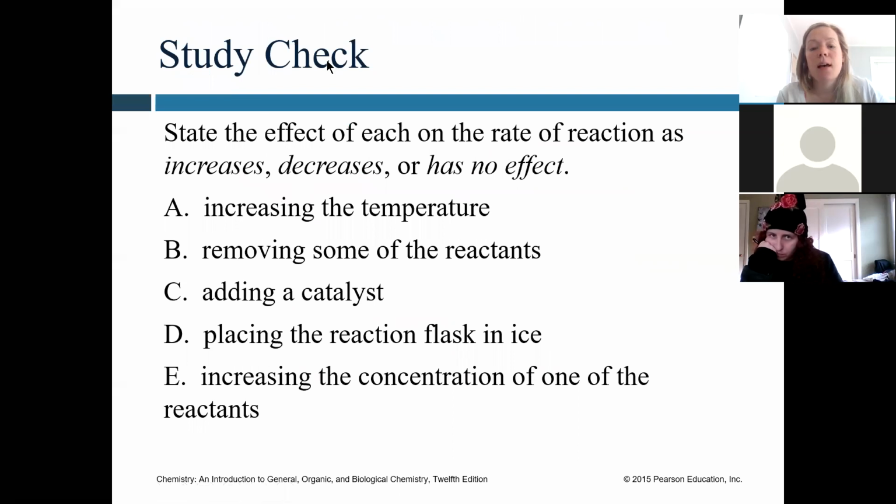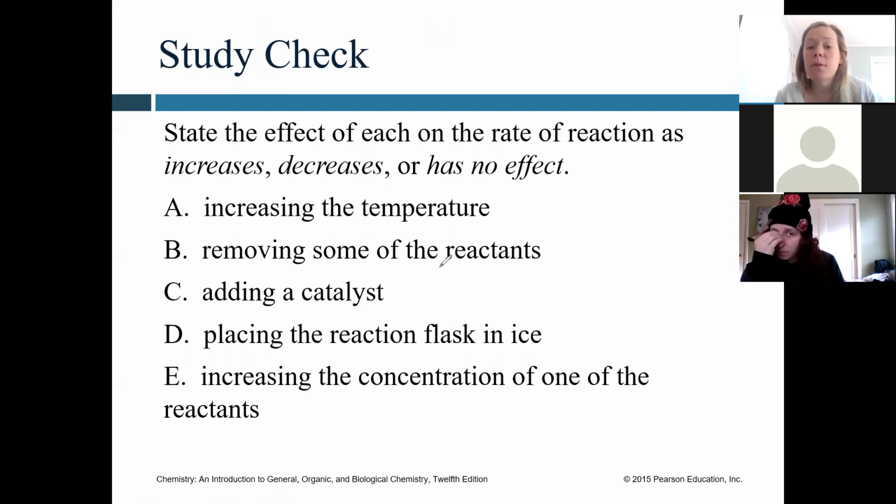So I want you to tell me, looking at these, whether this is going to increase the rate of reaction, decrease the rate of reaction, or have no effect at all. If we increase the temperature, we should increase our rate of reaction because we have more collisions.